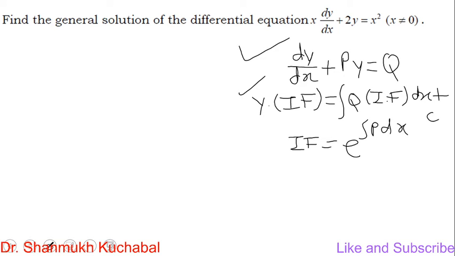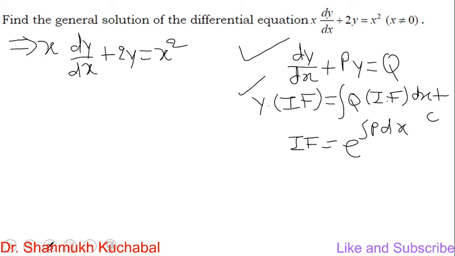The first example is x multiplied by dy by dx plus 2y equal to x square. In the standard form, the coefficient of dy by dx is 1. Here the coefficient of dy by dx is x, so we divide by x.